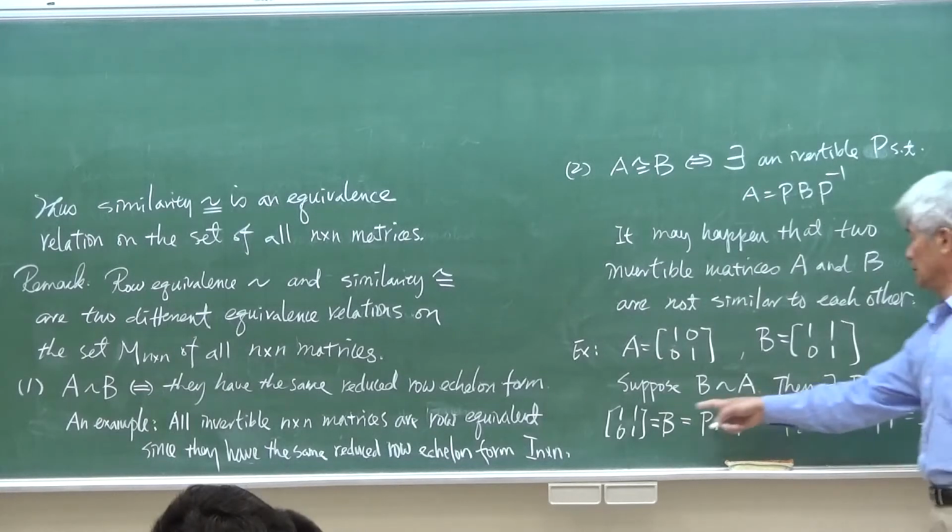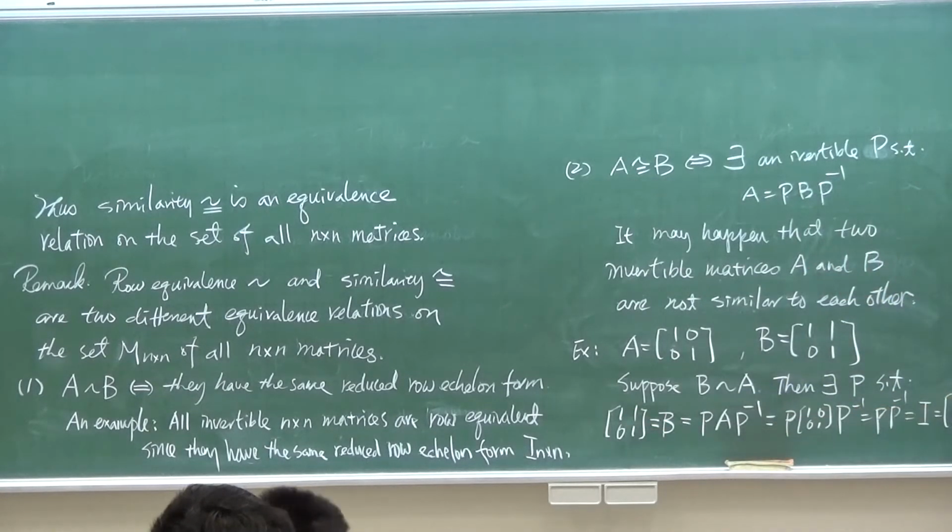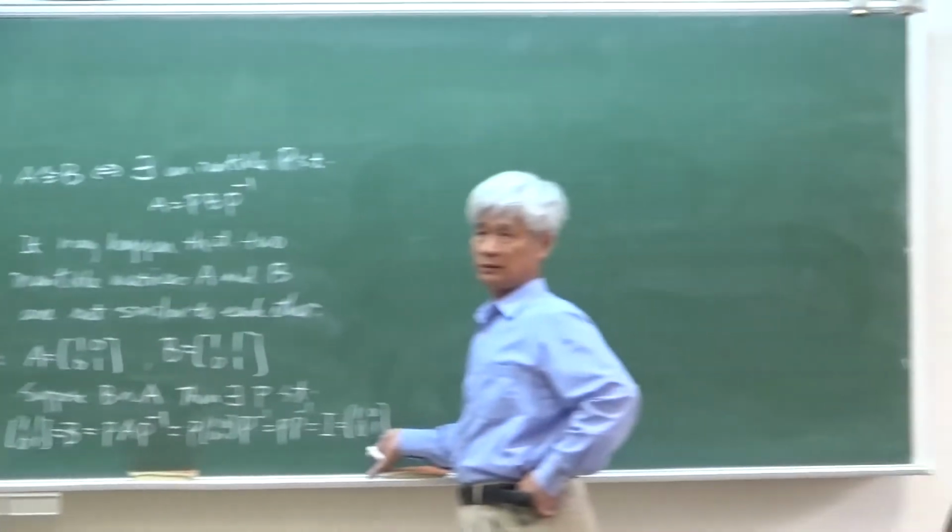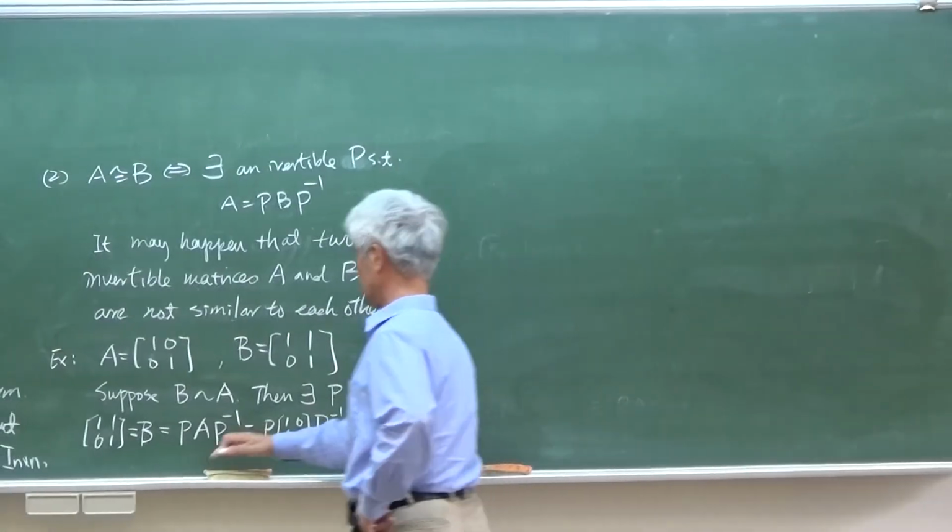So you must have [1, 1; 0, 1] equal to [1, 0; 0, 1]. Is that true? Of course not, it's a contradiction.